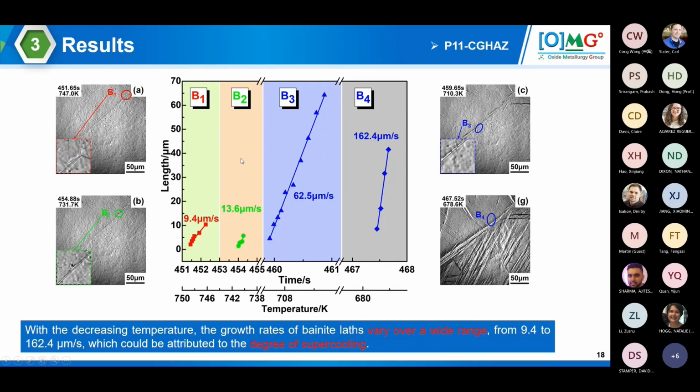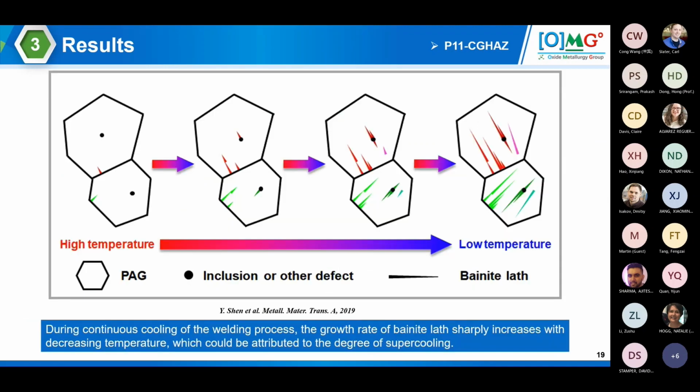After this quantitative analysis, you are seeing that these 4 characteristic bainites have different growth rates, spanning from about 10 micron per second to about 200 micron per second. They vary a lot, and we believe that they are associated with a degree of supercooling, which I will elaborate on later. So that's one case, the P11 with the coarse-grained HAZ.